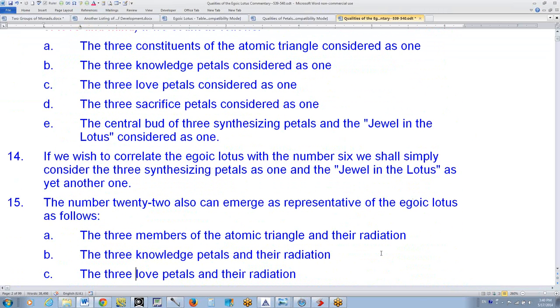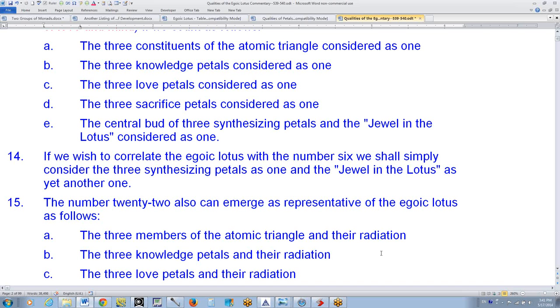So if we wish to consider the egoic lotus with the number 6 as the form producer, we shall simply consider the 3 synthesizing petals as 1, and the jewel in the lotus as yet another 1. So the atomic triangle is 1. Each of the 3 tiers of the 9 petals is 1.